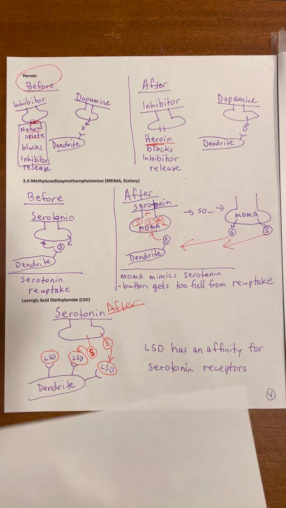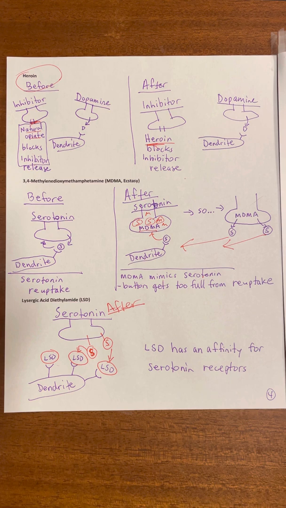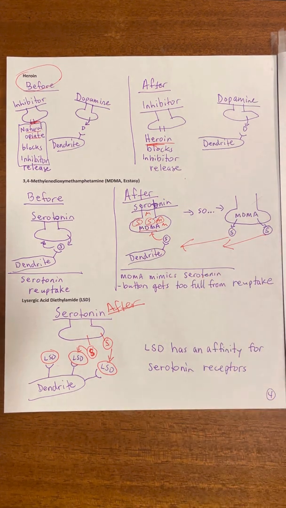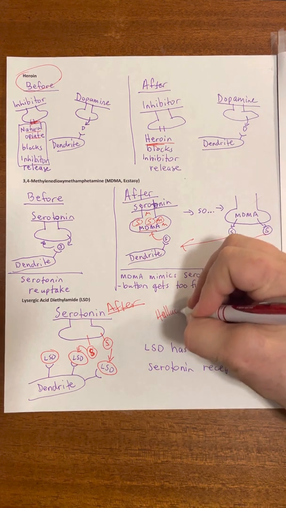Oh, I forgot to talk about what is the effect of LSD. Kind of an interesting drug. Doesn't necessarily produce the stimulation, the exuberance, or the euphoria. Doesn't necessarily produce those kinds of feelings. Instead, what it's known for is its hallucinatory effects, right? So it's supposed to cause hallucinations.